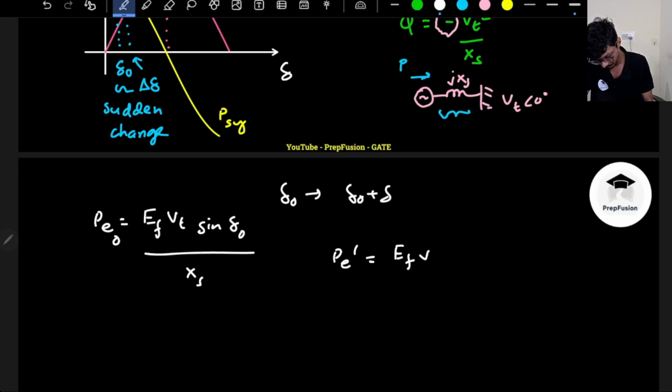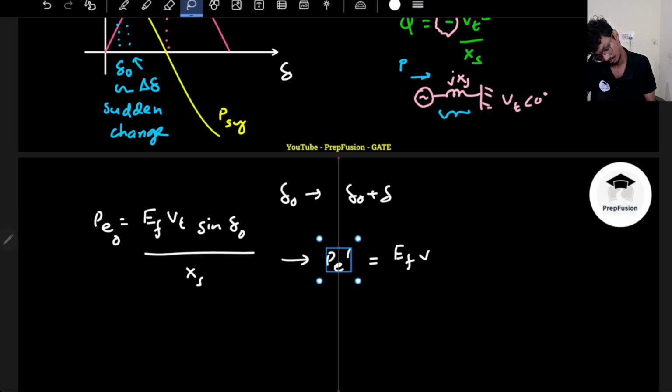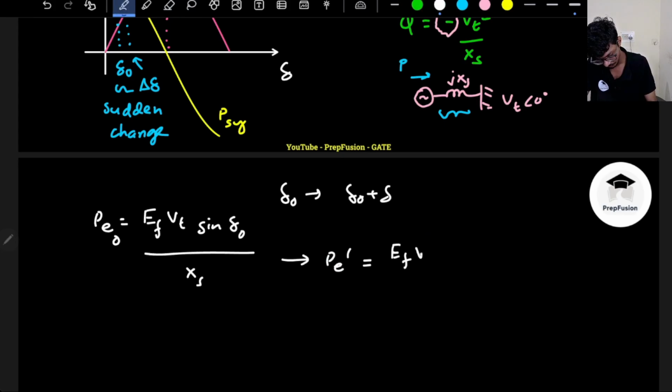Now my power will be EF VT by XS into sine delta naught, which has changed to delta naught plus del delta due to a small disturbance.